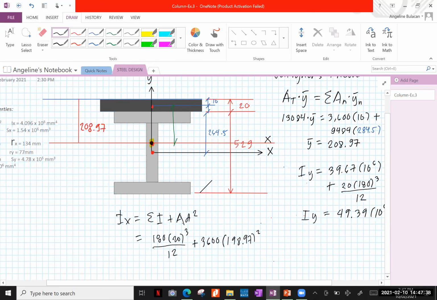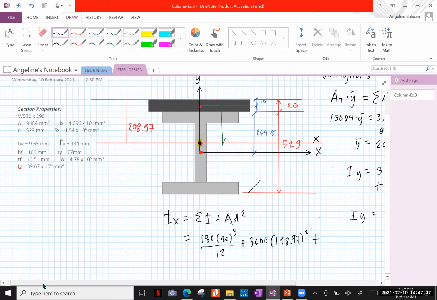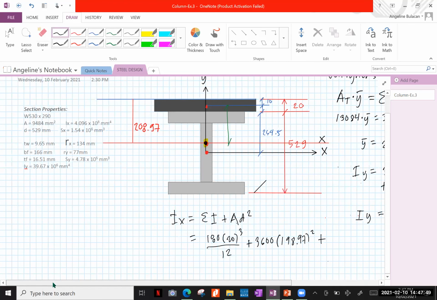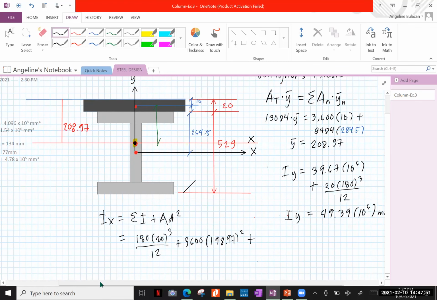Add pa natin yung sa W section. So, for the W section, ang I niya is Ix 4.096 times 10 raised to 8. Lagyan ko nito para di kayo malito.